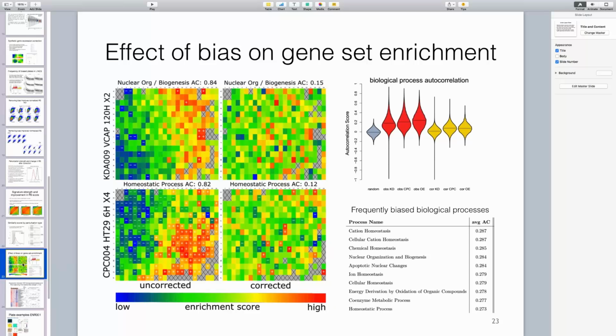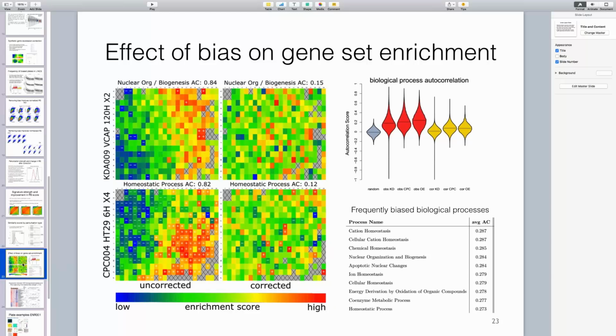Say the bottom left panel, you can see that all the positively enriched terms are on the right and all the negative on the left. But in this case, the drug perturbations are completely randomized on the plate, so we wouldn't expect this pattern. And then after the correction, first of all, we have much fewer enriched signatures, and the signatures intermix much more.